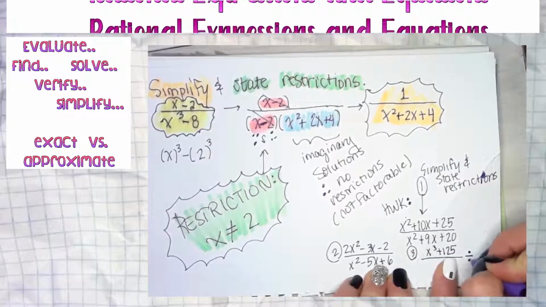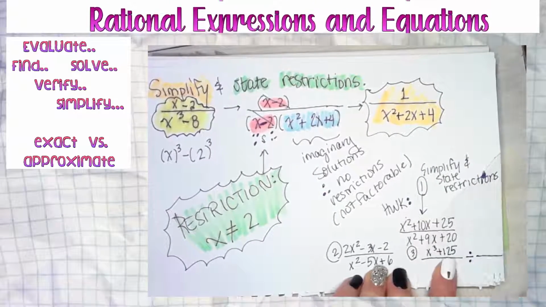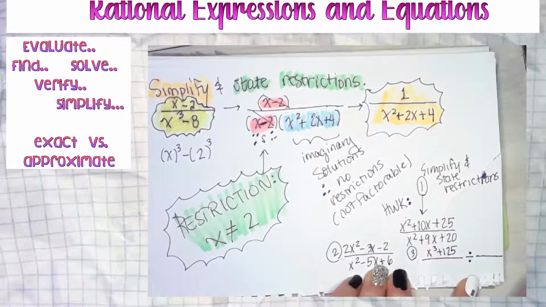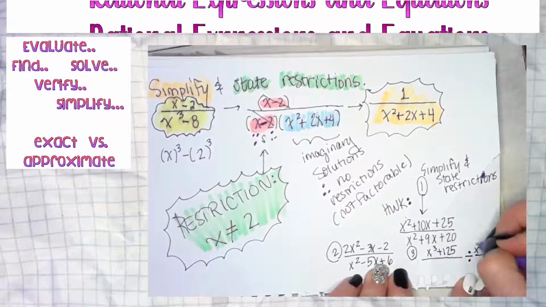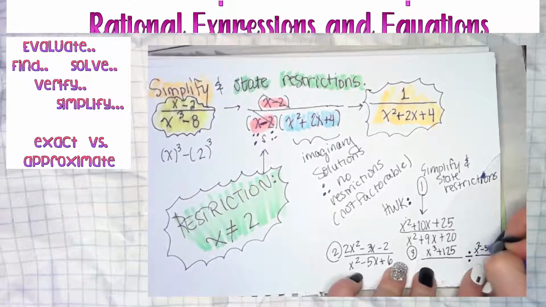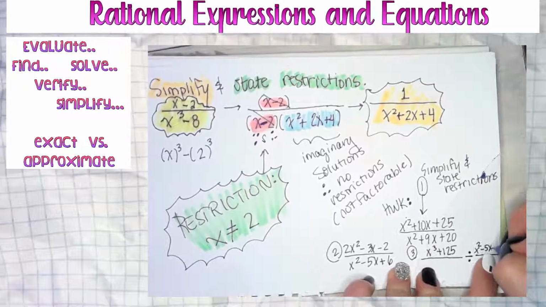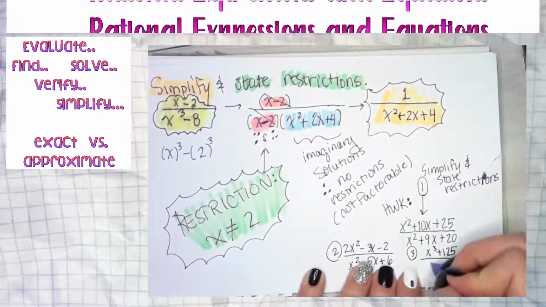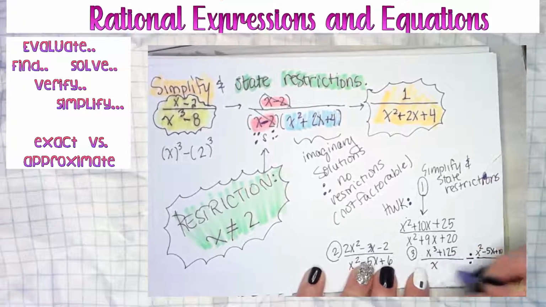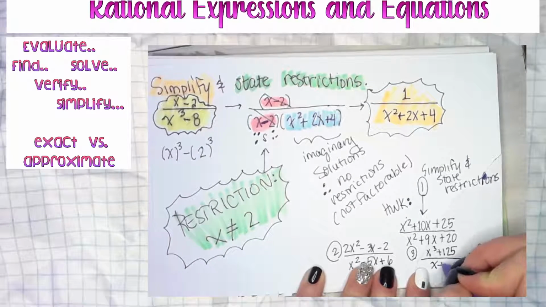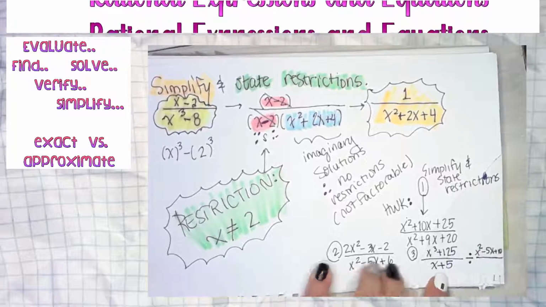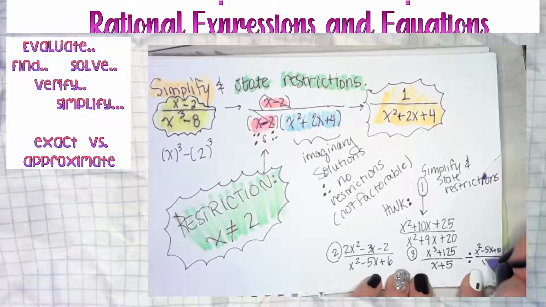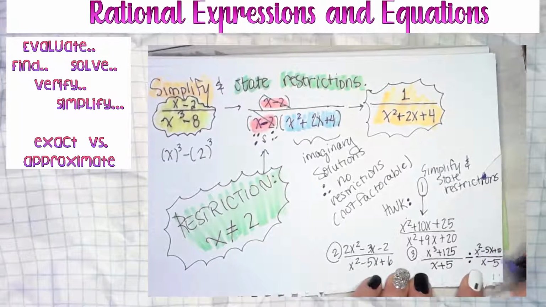Remember, division by a fraction, you can bust out some keep, change, flip. X squared minus 5x plus 10. Sorry, that's so squashed. Then let's do x plus 5. And let's do x minus 5.